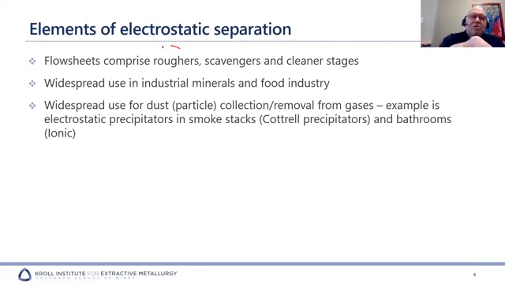We use roughers, scavengers, and cleaner stages, just like in gravity separation and in magnetic separation. Once again, we don't expect a single machine to make both a saleable product and a throwaway tail.